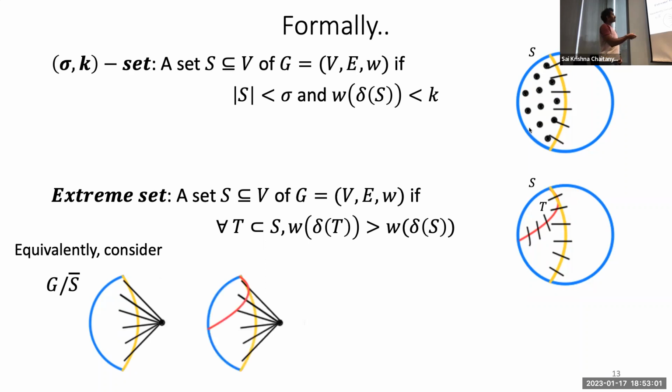So now any other cut in this G contracted S bar is actually a cut in the original graph, which has size larger than the cut S itself. So every cut in this graph is actually bigger than this cut. So S is the unique min cut in this graph G contracted S bar.